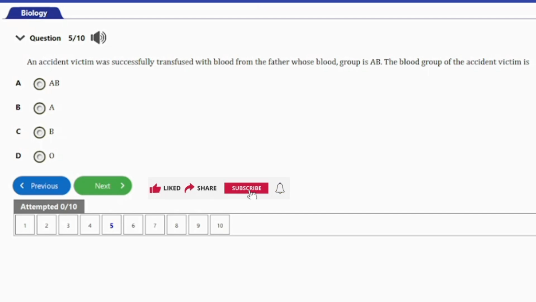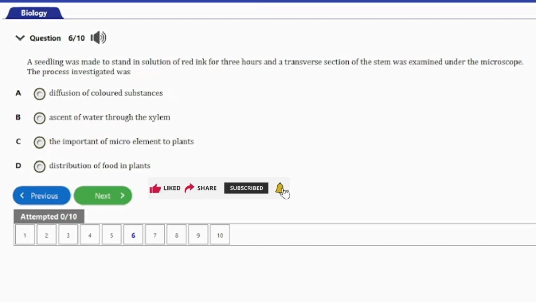Let's go ahead and consider the next question, question number 6. It says, a seedling was made to stand in solution of red ink for 3 hours, and a transverse section of the stem was examined under the microscope.